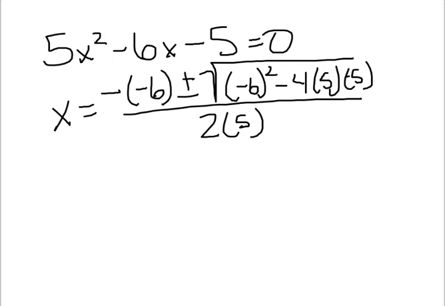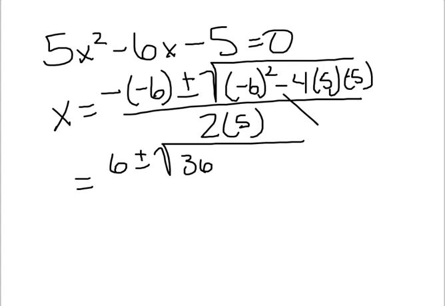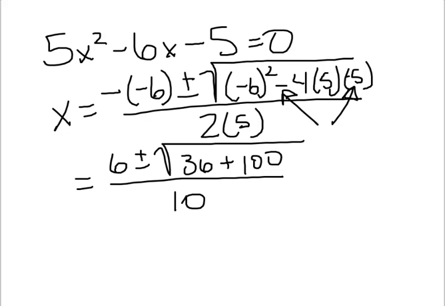Alright, so that means x equals 6 plus or minus square root 36, and I've got a negative 4 and a negative 5, so it's going to be a positive 20 times 5, which is going to give me 100 all over 10. So that's 6 plus or minus radical 136 over 10.